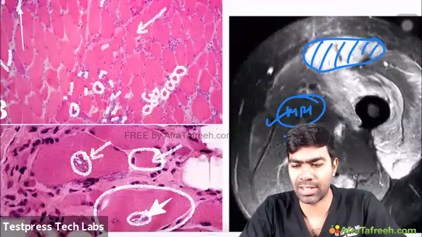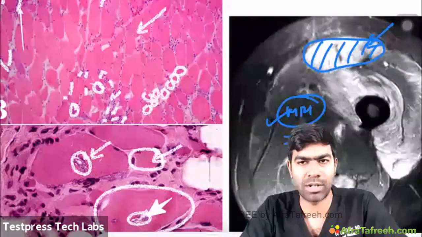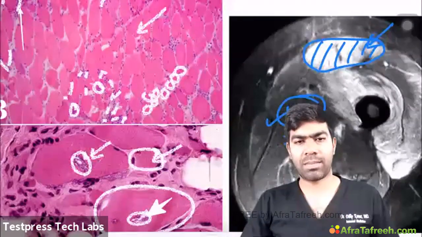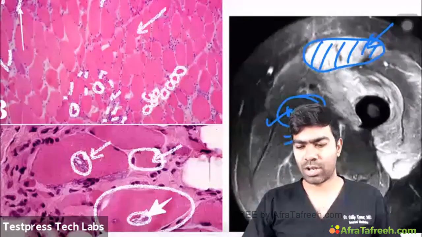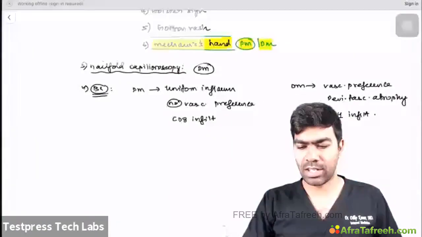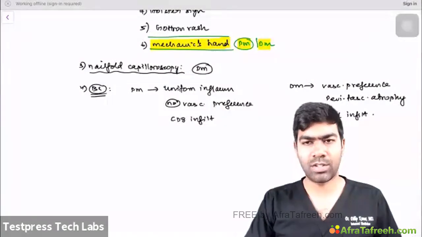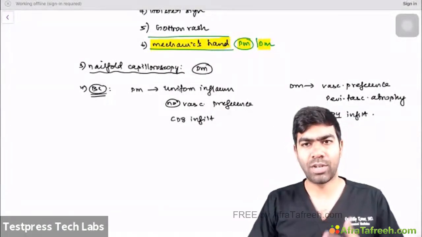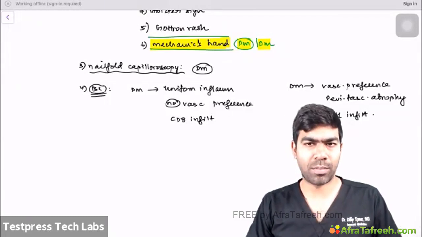So MRI will guide you for the biopsies. There is significant inflammation in a particular area. If you take a biopsy from that particular muscle, the findings are going to be more prominent. So in that way, MRI may be helpful, but apart from that, MRI is not really helpful for establishing the diagnosis. Even an injury to the muscle, even a traumatic injury, can mimic something like that. So MRI is not specific, but it will guide you to the appropriate site for a biopsy.